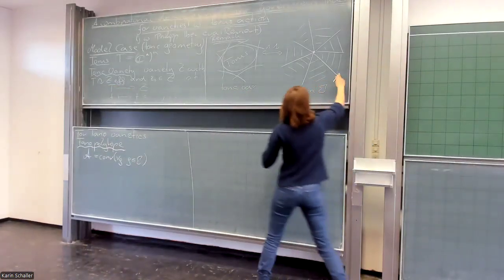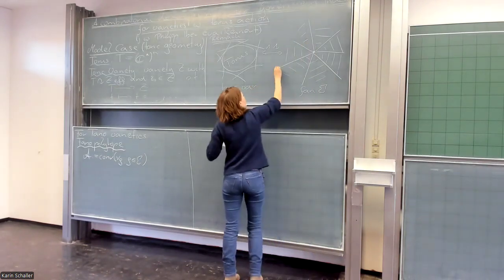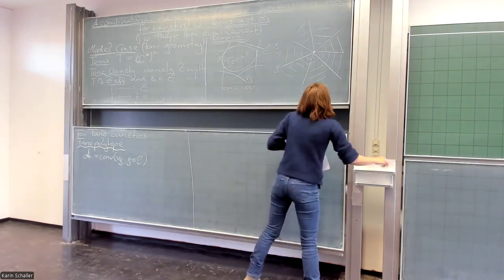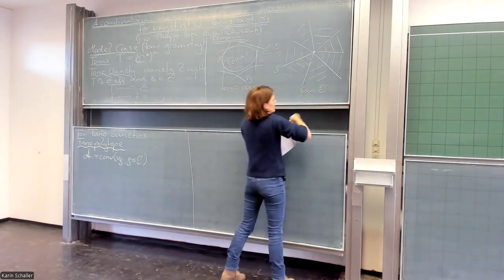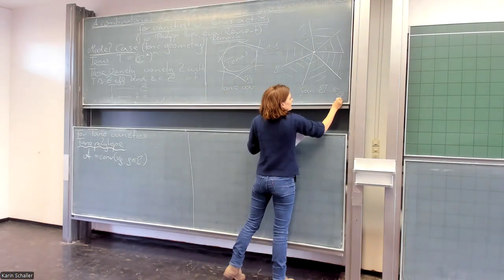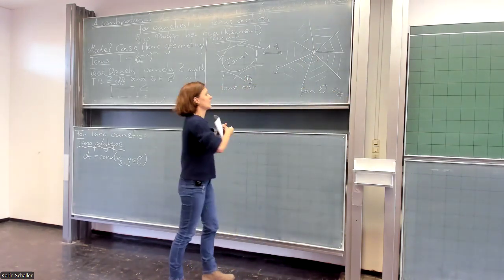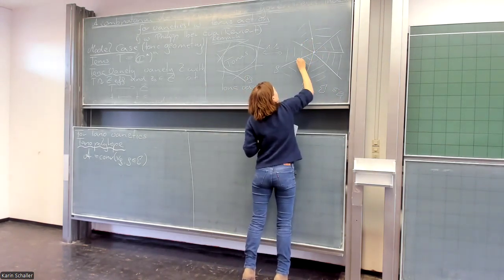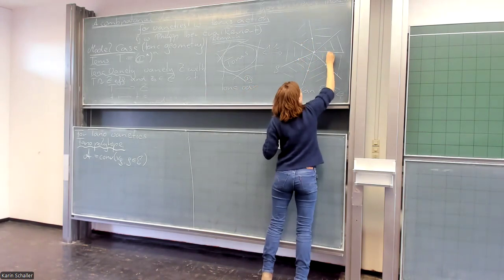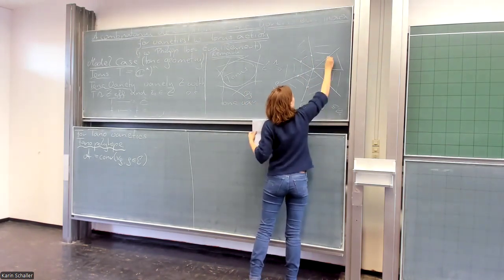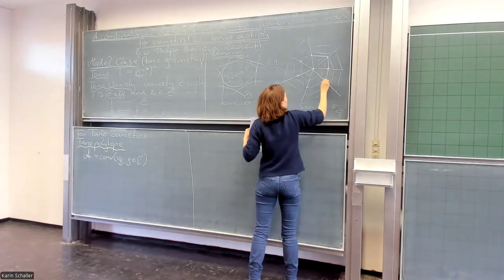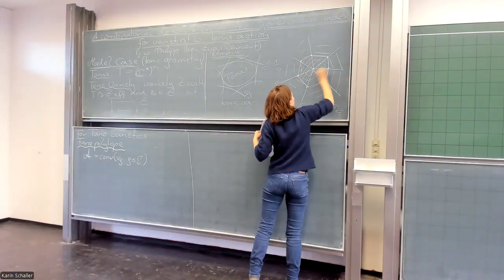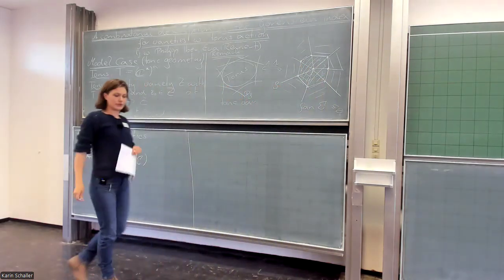These here are the rays, and they correspond to the torus-invariant divisors. Now I search in this picture, which lives in this case in Q to the 2, or can live in Q to the n, as I said, for the first integer point on each of these rays. And then I take the convex hull and get this kind of picture.